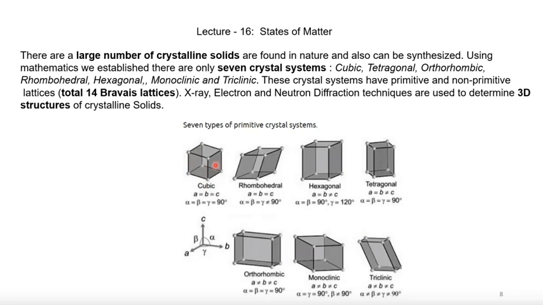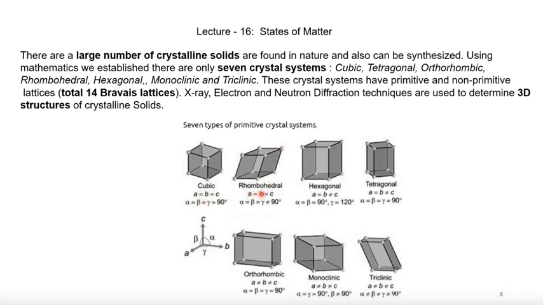Just to mention cubic, we have three-dimensional axial parameters, 6 parameters: a, b, c, alpha, beta, gamma. With these parameters we define cubic, where all 3 axes are equal and all 3 angles are 90 degrees.